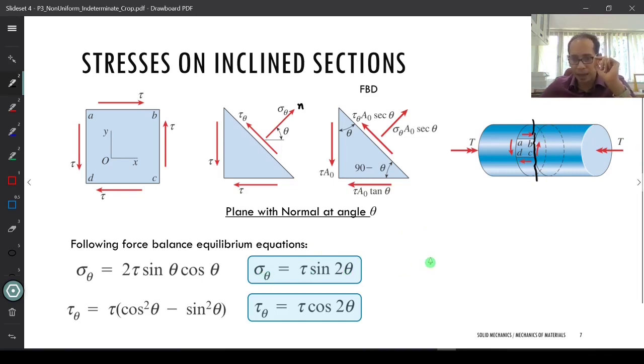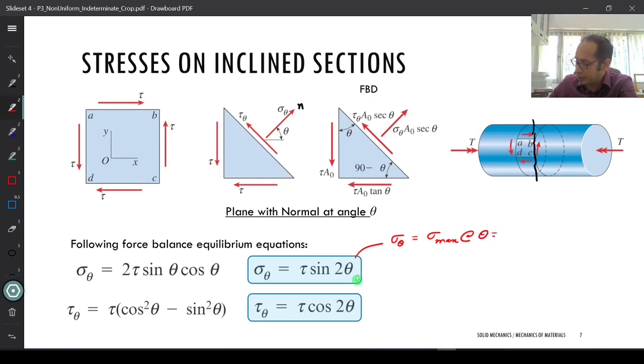For what angle theta does my normal stress become maximum? For this normal stress, sine 2 theta has a maximum value of 1, and it becomes maximum, analogically, when theta equals 45 degrees. So maybe let's just write it over here. Sigma theta becomes sigma maximum at theta equals 45 degrees.